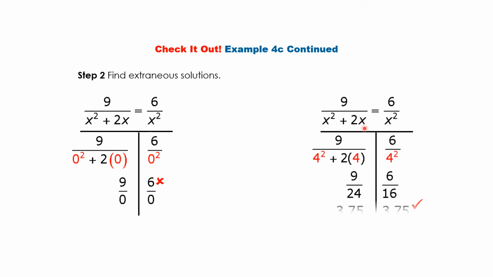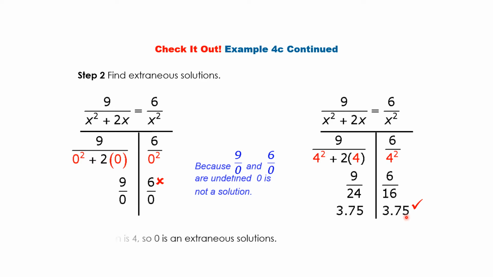We substitute 4. 9 divided by 24 is equal to 3.75. 6 over 16 is equal to 3.75. And they are equal. Therefore, since 9 over 0 and 6 over 0 are undefined, 0 is not a solution. The only solution is 4 because 0 is an extraneous solution.